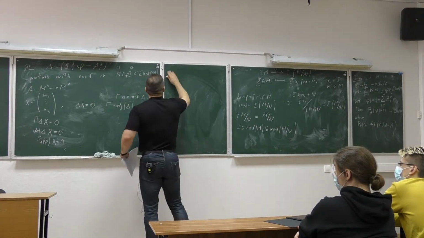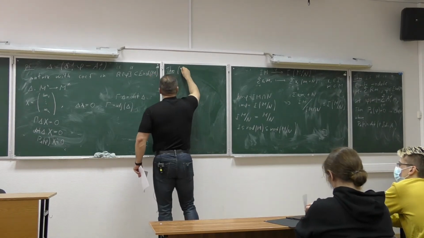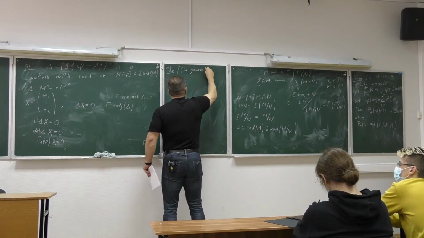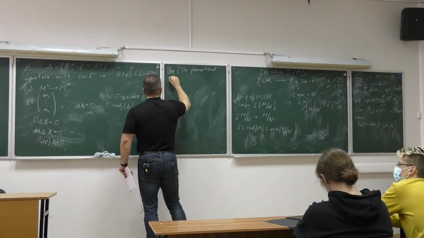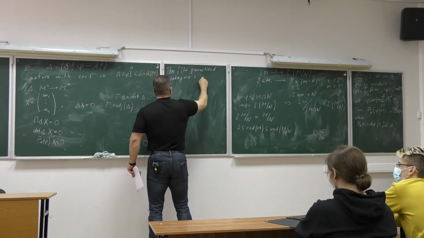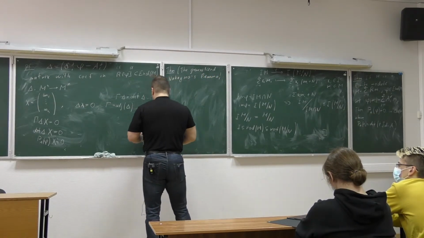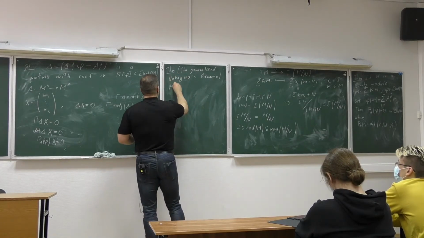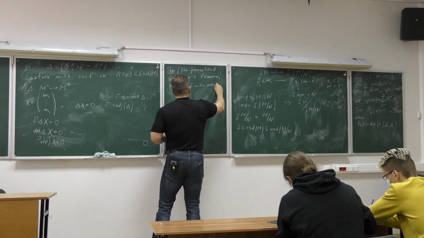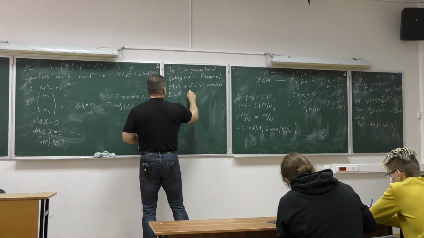Okay, now we have the following theorem. I'm going to call this the generalized Nakayama Lemma. M is a finite module, and I is any ideal.